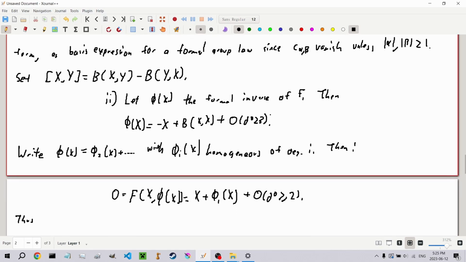Thus our phi 1 of x has to be negative x to cancel that out.